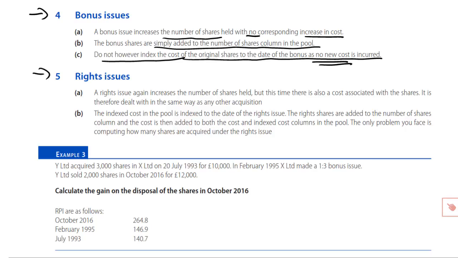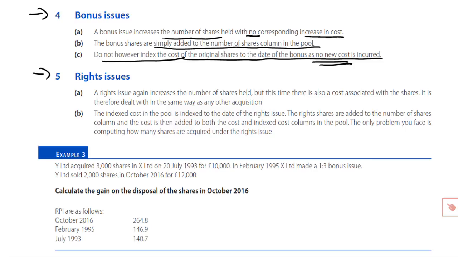Now, what will happen is that no doubt at the date of the bonus issue, an RPI will be provided by the examiner. As the old saying goes, they give you sufficient rope by which to hang yourself here. We do not reindex a share pool through to the date of a bonus issue, because with a bonus issue there is no change in that cost.